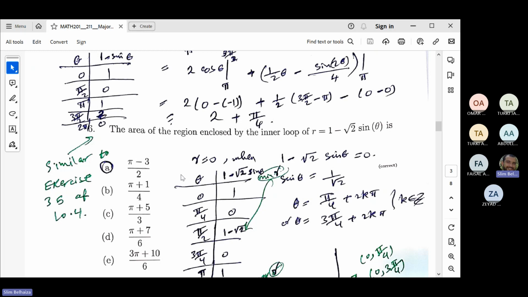Yes, be my guest. Is it section 15 or 17? Faisal. 17.